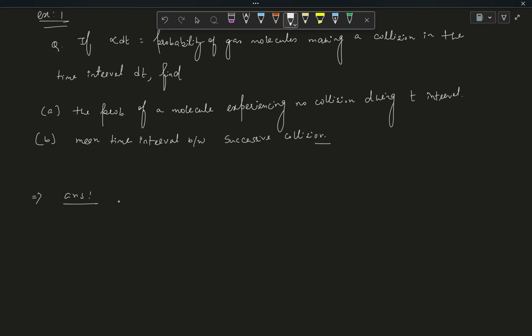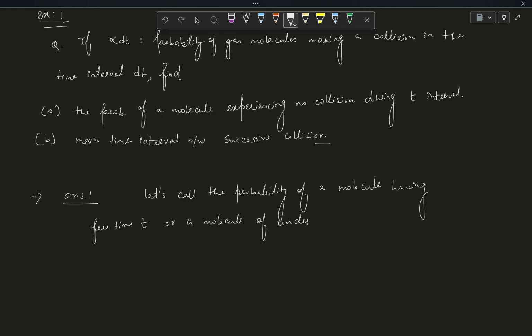So the answer is that, let's call the probability of a molecule having free time t, or a molecule undergoing no collision in time t, as f of t.